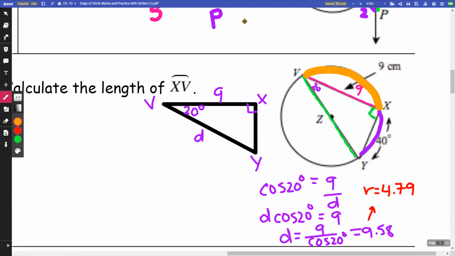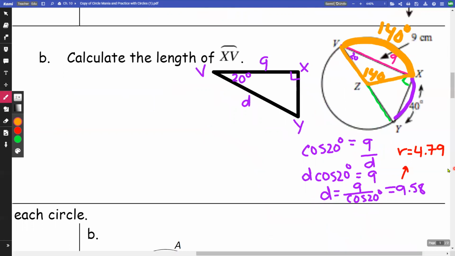So I need to figure out what portion of this I have. Since this is 40 degrees, this is going to be the rest of the 180, which is 140 degrees. That's my arc measure, not my arc length. But this central angle I just drew in, which is also going to be 140, is going to be the part of the circumference I have.